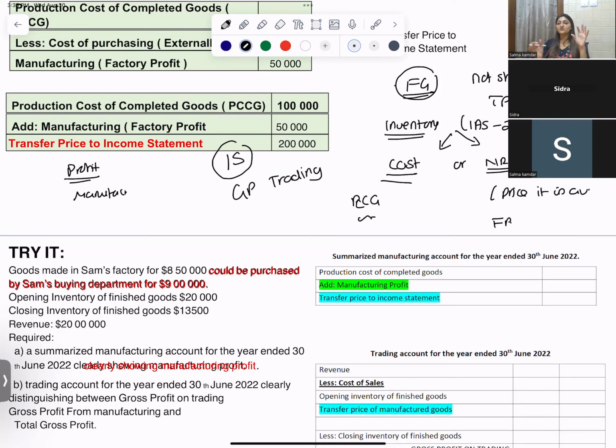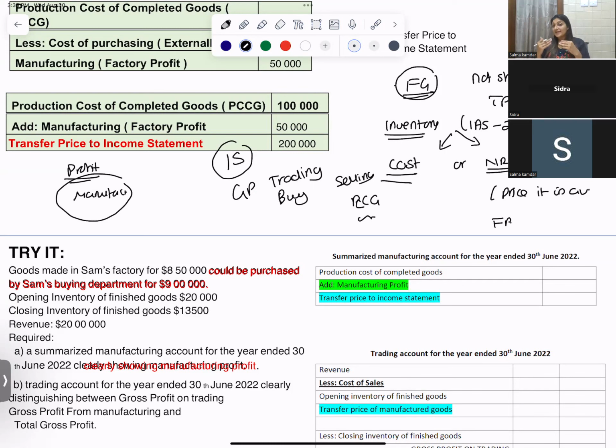One profit is because of manufacturing and one profit is because of trading. Trading means buying and selling. It is not manufacturing and selling. So the goods that you have manufactured, if you buy the same goods from the market, you will get them at the transfer price. That you will compare with the selling price, so you get your gross profit on trading.